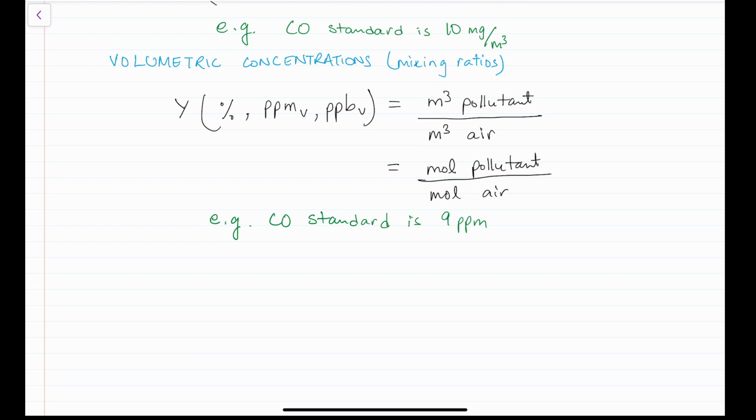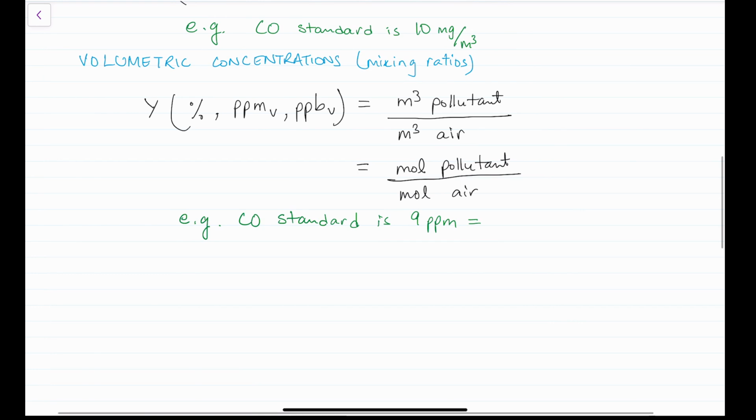If you say parts per million, you could say that is 9 times 10 to the power minus 6 parts, or meter cubes, of carbon monoxide per meter cube of air. Or we could say 9 times 10 to the power minus 6 moles of CO for every mole of air.